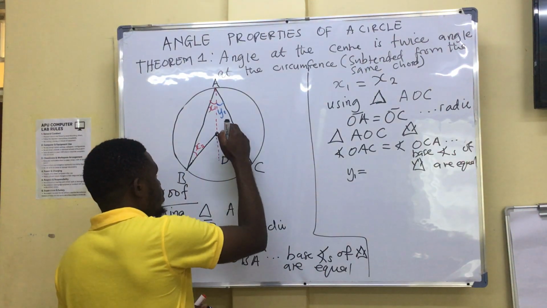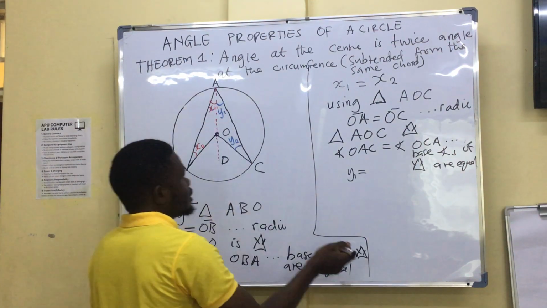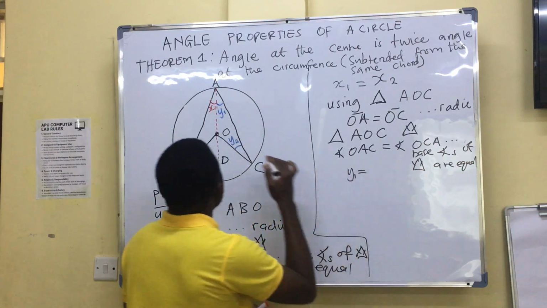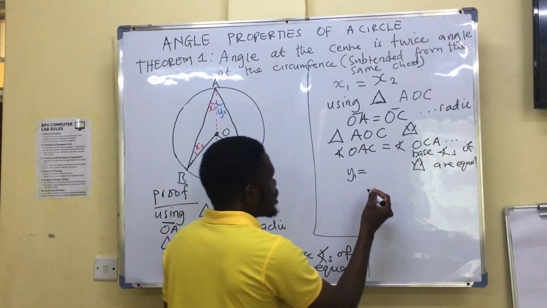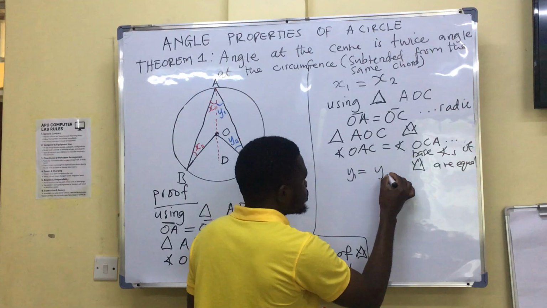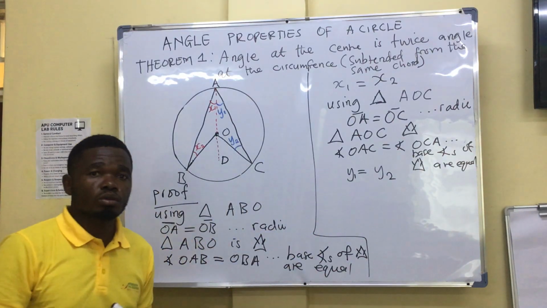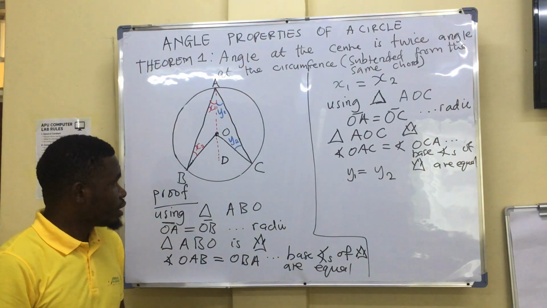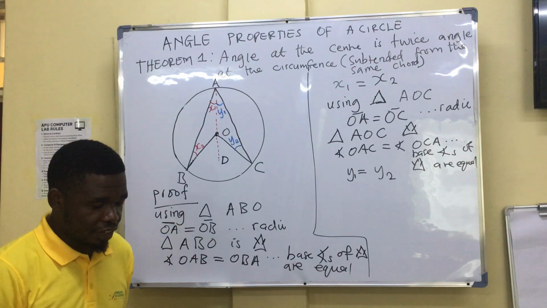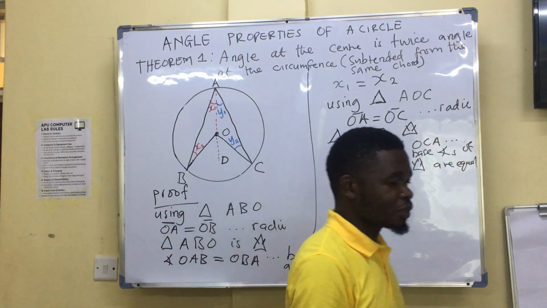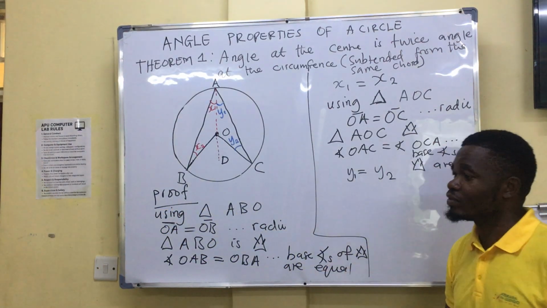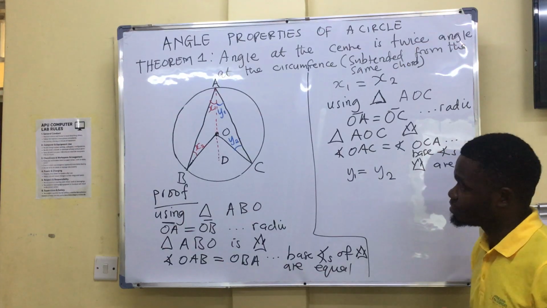Meaning that angle OCA is equal to angle OAC. Angle OCA is what? y2. Meaning that y1 is equal to y2. Fine. We are close to the final step. So calm down.